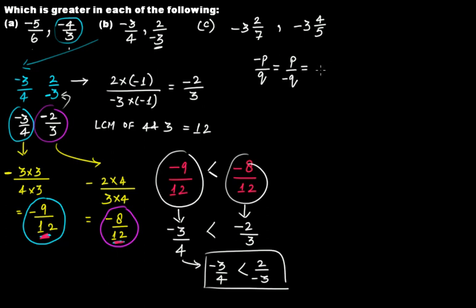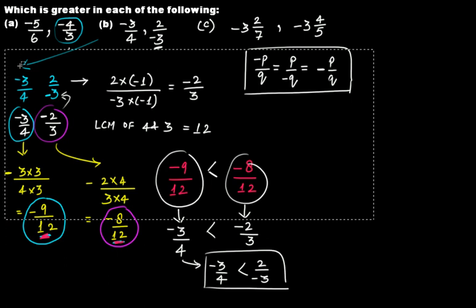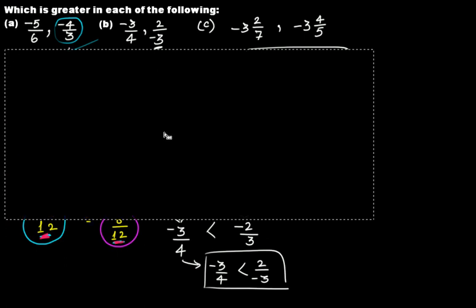And this can be written as minus sign in the middle and p over q, right? So please watch our earlier videos so that this concept becomes clear to you. Okay, so minus 3 over 4 is less than 2 over minus 3. It means 2 over minus 3 is greater than minus 3 over 4. That's all for the third one.